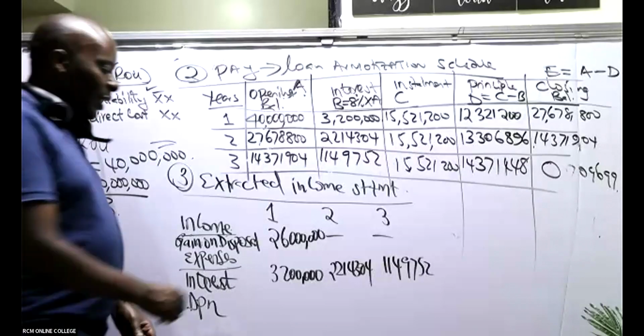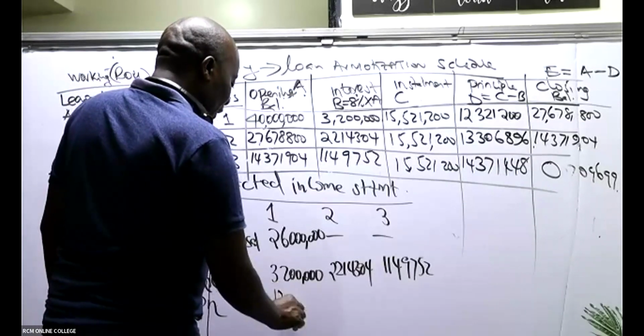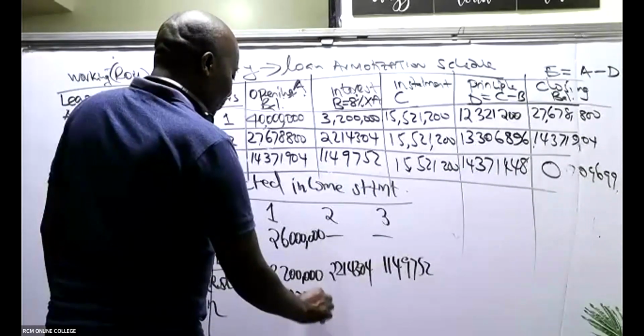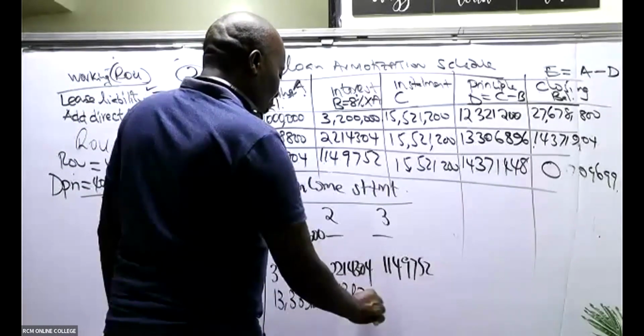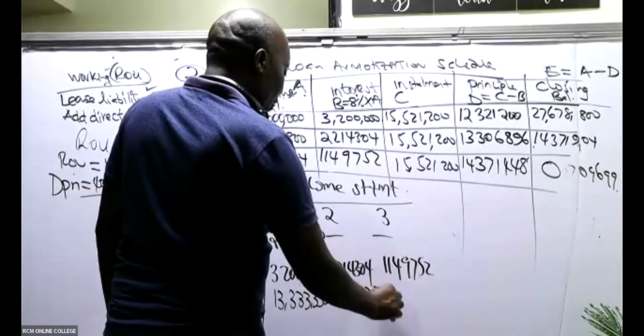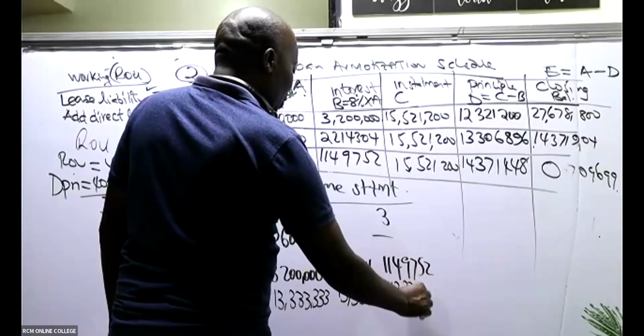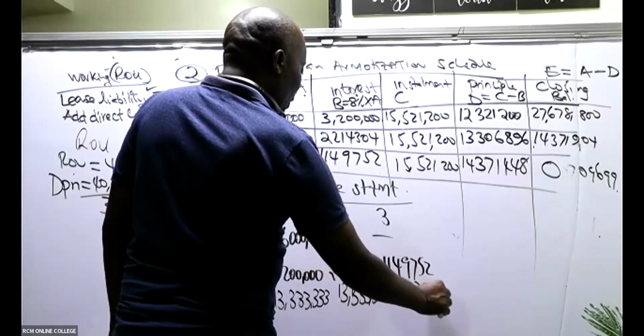So we have here 13,333,333, and like that for each of the years.